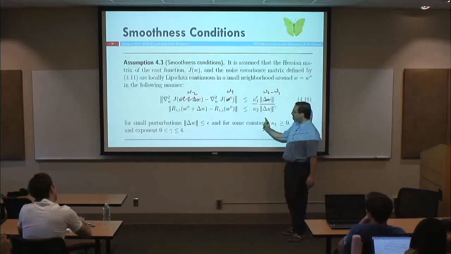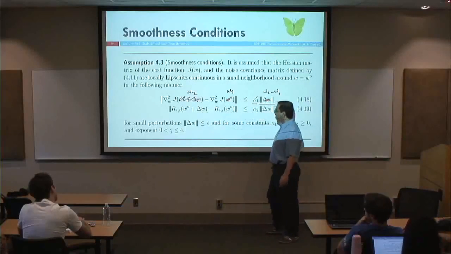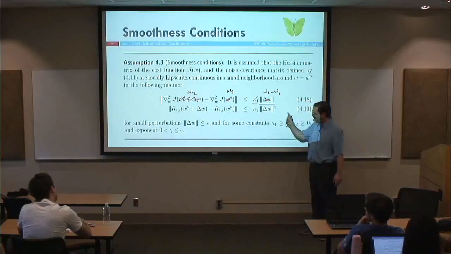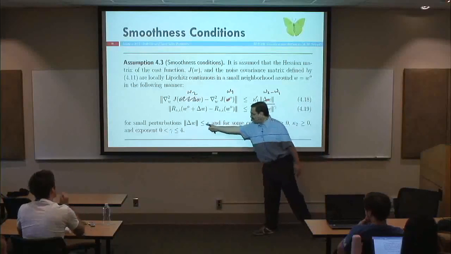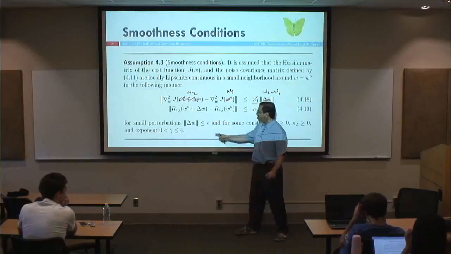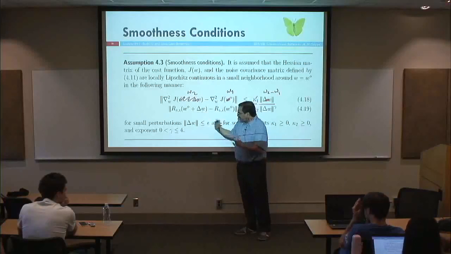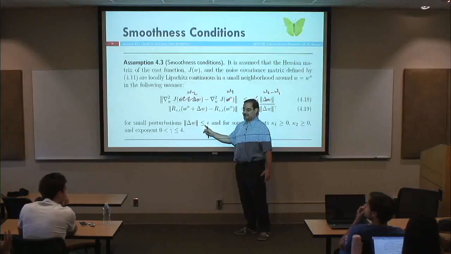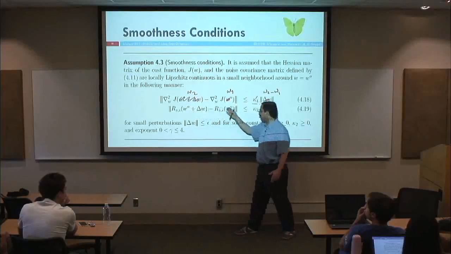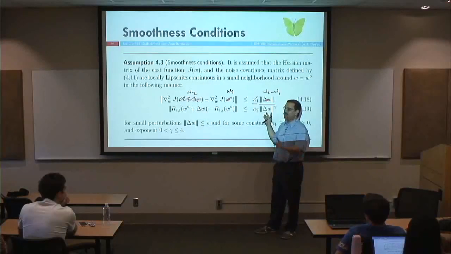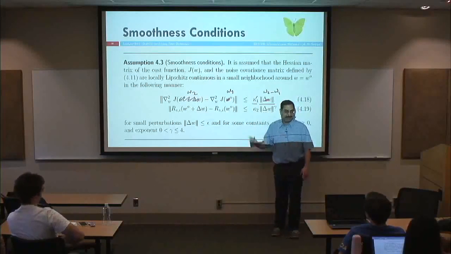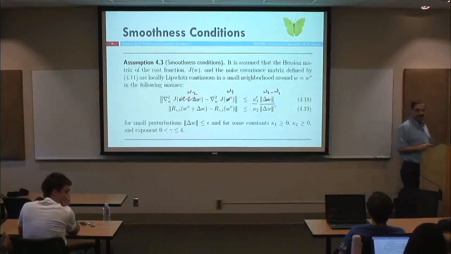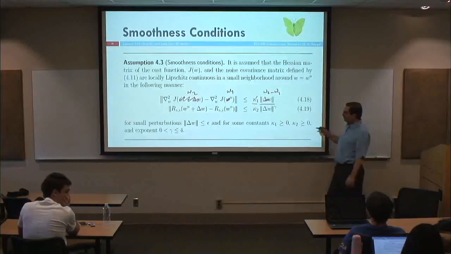So, in the second case, I'm saying that the covariance is Lipschitz within this distance. So let's assume that I took a step larger than epsilon, and I want to show that this difference is bounded by something similar to this. It will not be the same, but similar, right?